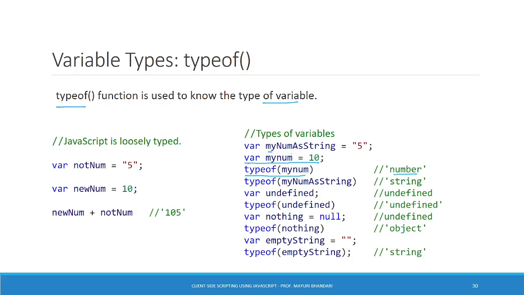Similarly, we have one more variable, myNumAsString. Here I have given the value in double quotes, and if I say typeof myNumAsString, it will give you string because we have enclosed that value in double quotes, so it will be considered as a string. Likewise, you can use typeof to know the type of any variable.